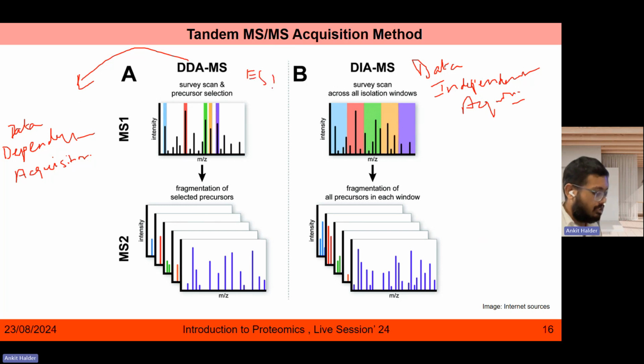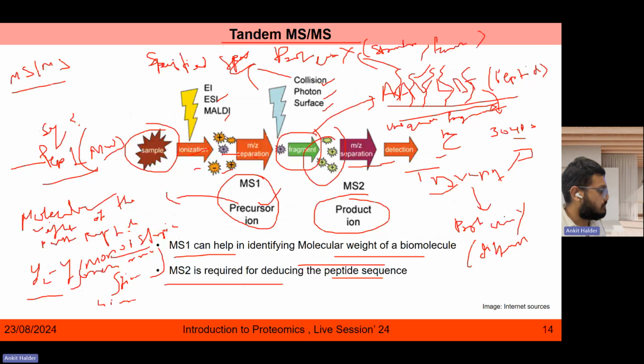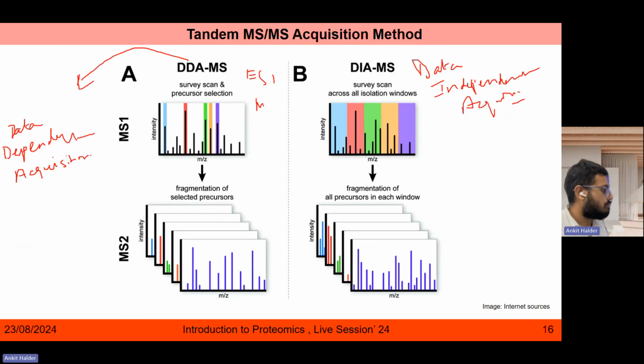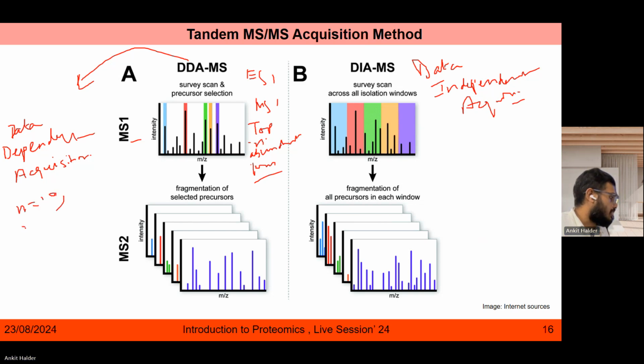So basically, we are taking the m/z values, that is after ESI, in the tandem MS, you do the ionization and you are doing the MS1 separation. So this is our MS1 separation of ions. Now you take the top N abundant ions, where N can be 10, N can be 20, N can be 30, etc. Those you will be fragmenting only.